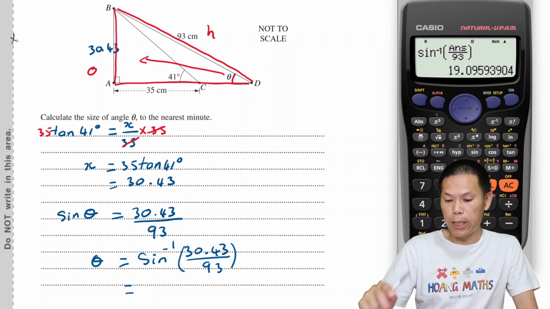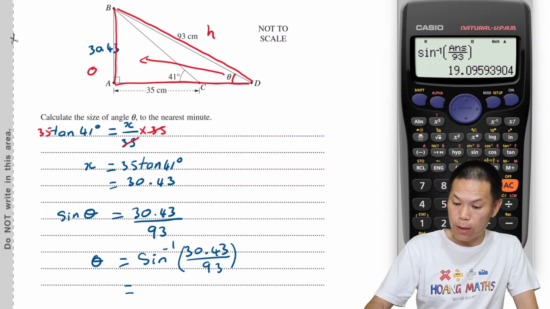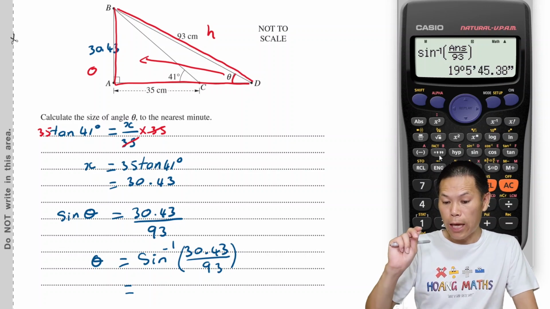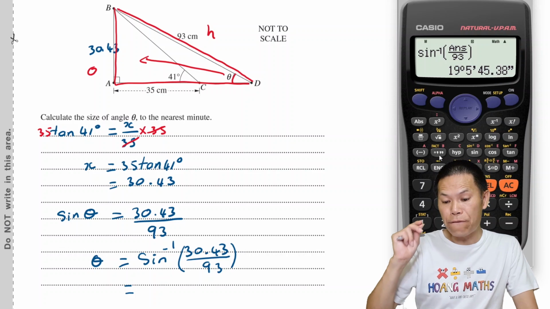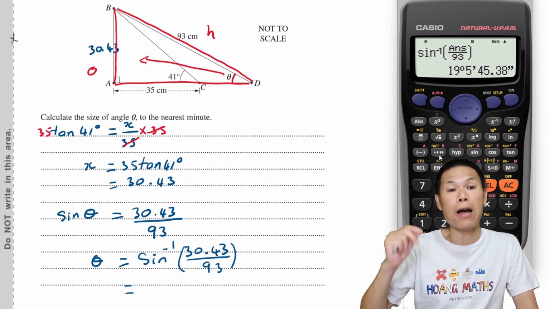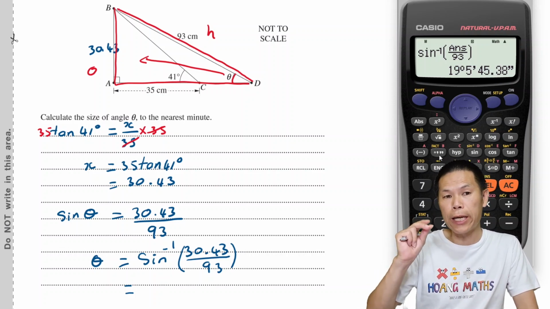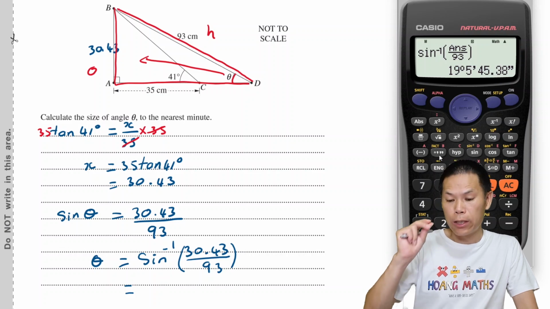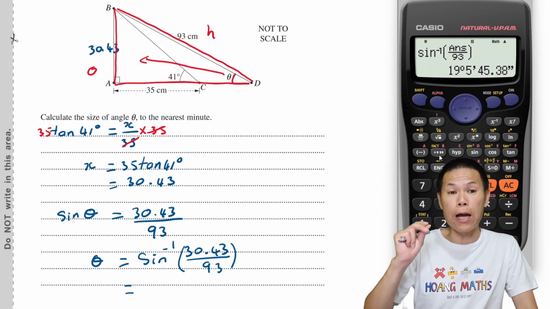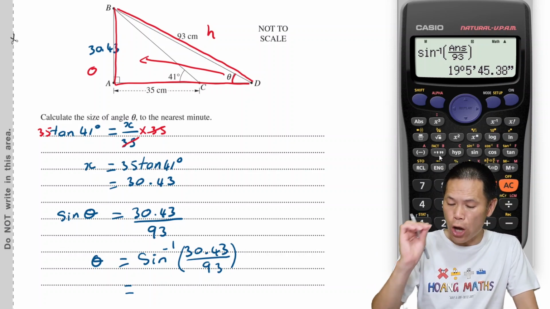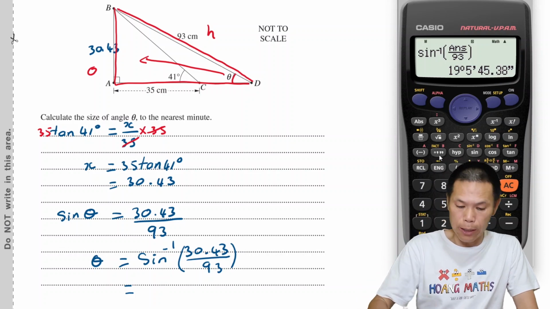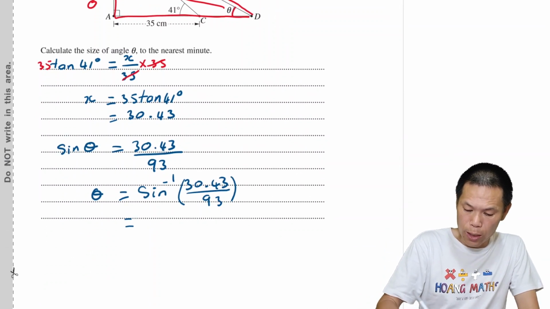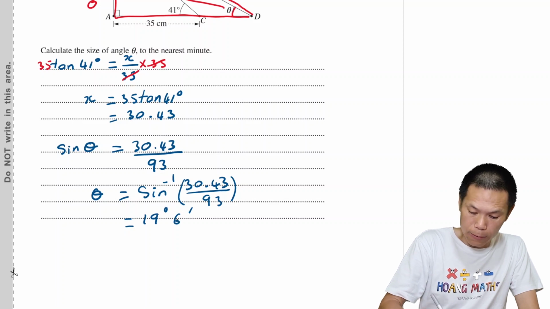And correct to the minute, I press the DMS button. So that is 19 degrees, 5 minutes and 45 seconds. 45 seconds is closer to a minute, so we add 1 to 5, which gives me 6. So 19 degrees and 6 minutes. Therefore, theta equals 19 degrees and 6 minutes.